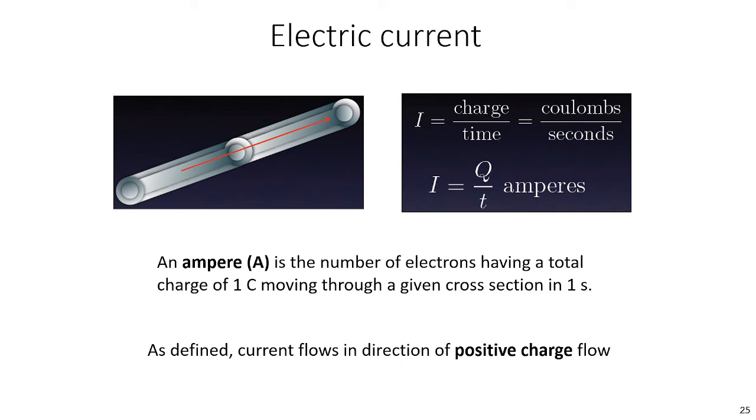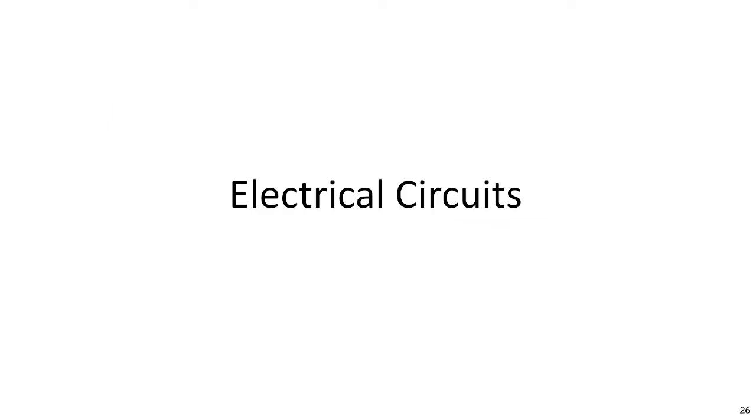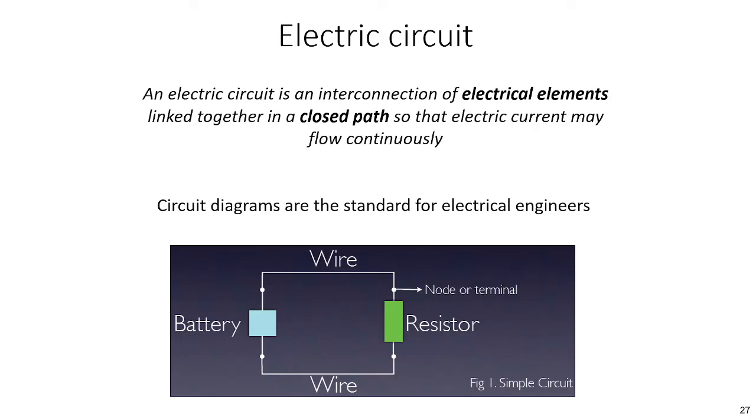For an electric circuit, the charge flow needs a closed path. Otherwise it cannot flow. An open circuit cannot make the current flow. It needs to go somewhere.